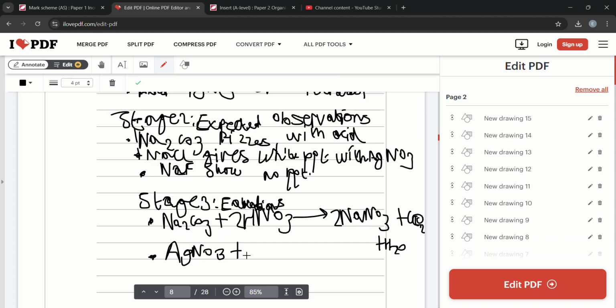AgNO3, silver nitrate, plus NaCl. I'm going to get a white precipitate. Well, it's going to be AgCl, silver chloride, plus, well, the remaining NaNO3.